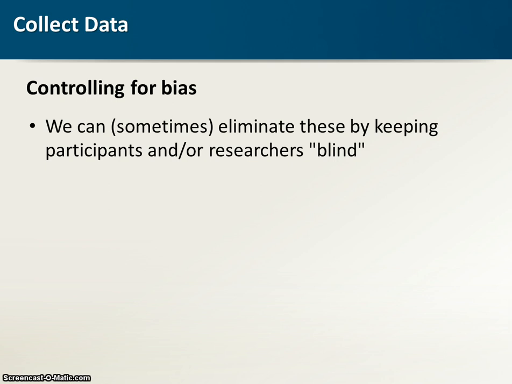But sometimes you can't keep everybody blind. So for example, I once did an experiment where some of my students had take-home quizzes and some didn't. Well, I can't keep my students blind. They're going to know if they took a quiz, right? I can't prevent them from knowing that. But I could still grade their papers blindly by putting an ID number instead of a name on the paper so that I grade it without knowing which group a student was in.